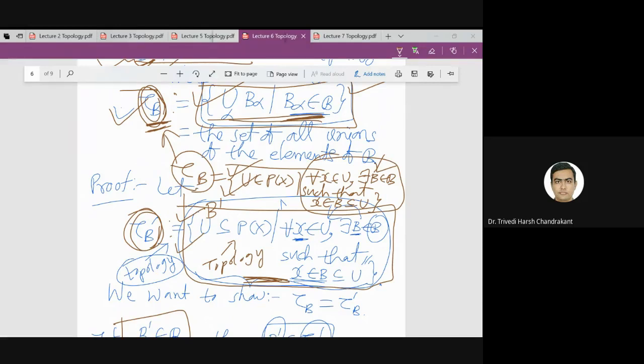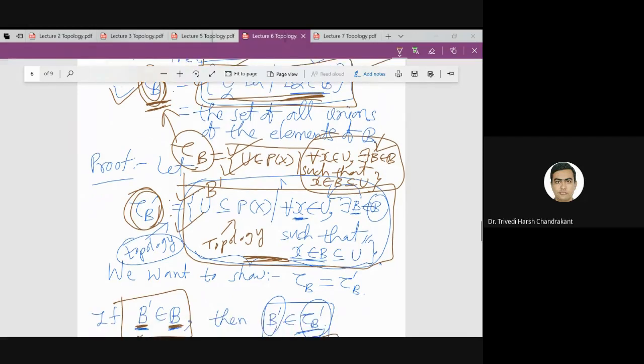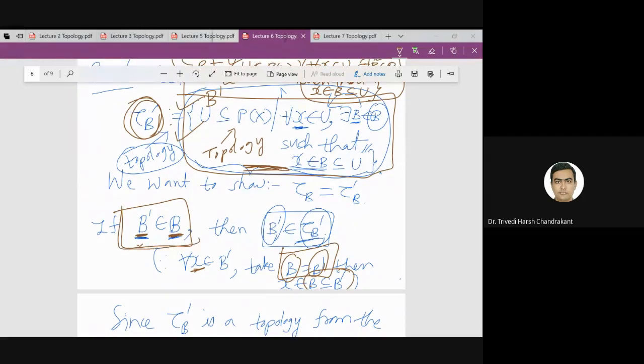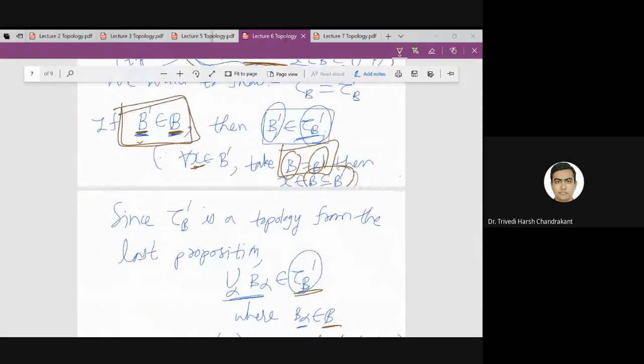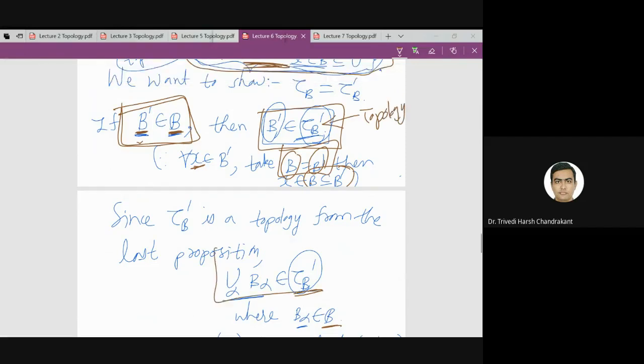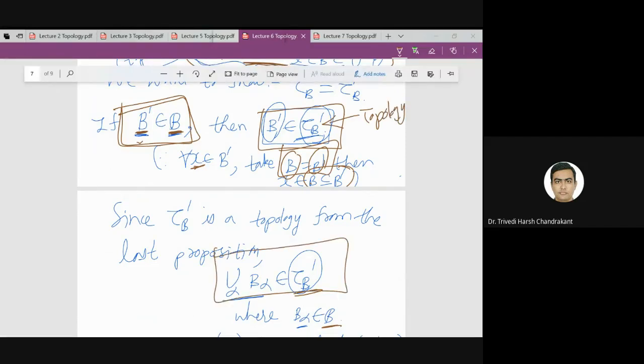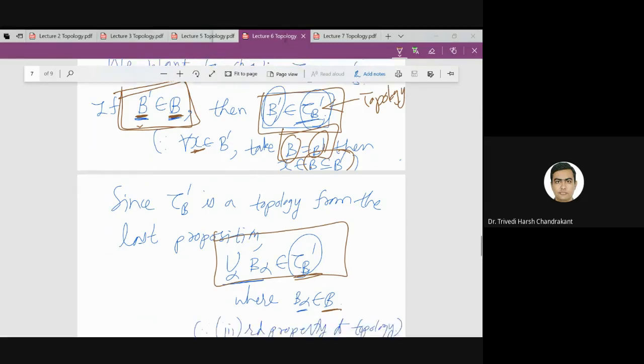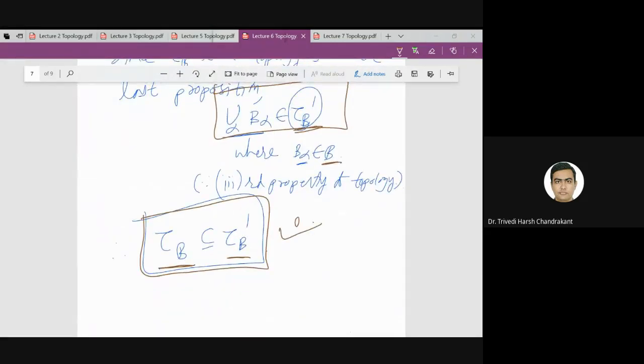And the third property of topology says that if I have any two elements or infinitely many elements of a topology, its union also belongs to the topology. So here we proved that if I have a basis element, then it belongs to this family, and this family forms a topology. So it is closed under arbitrary union. So this gives us the first inclusion.